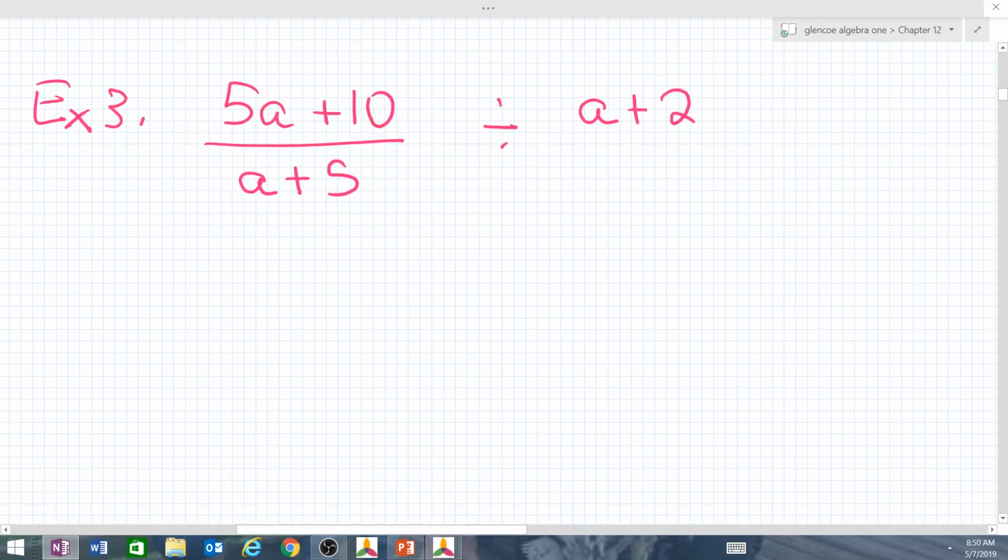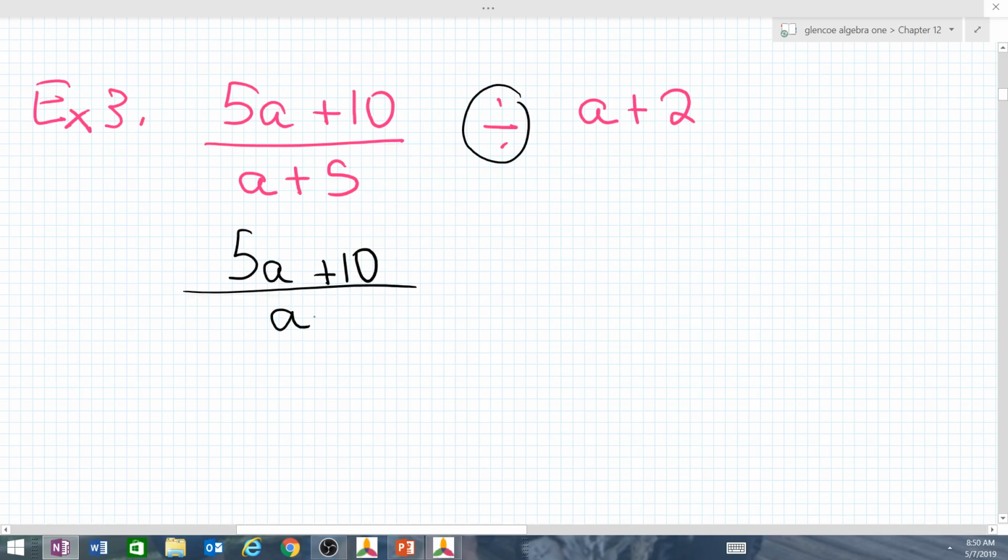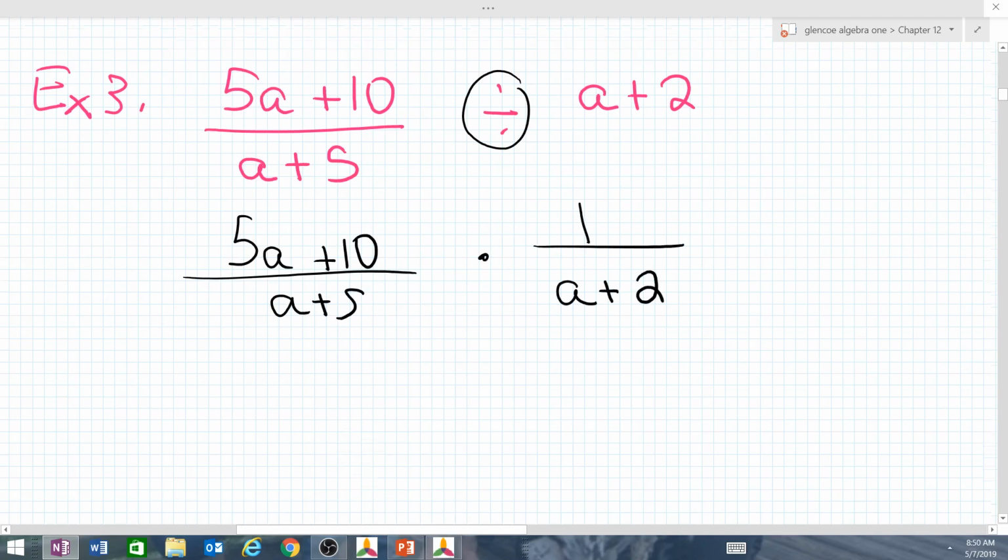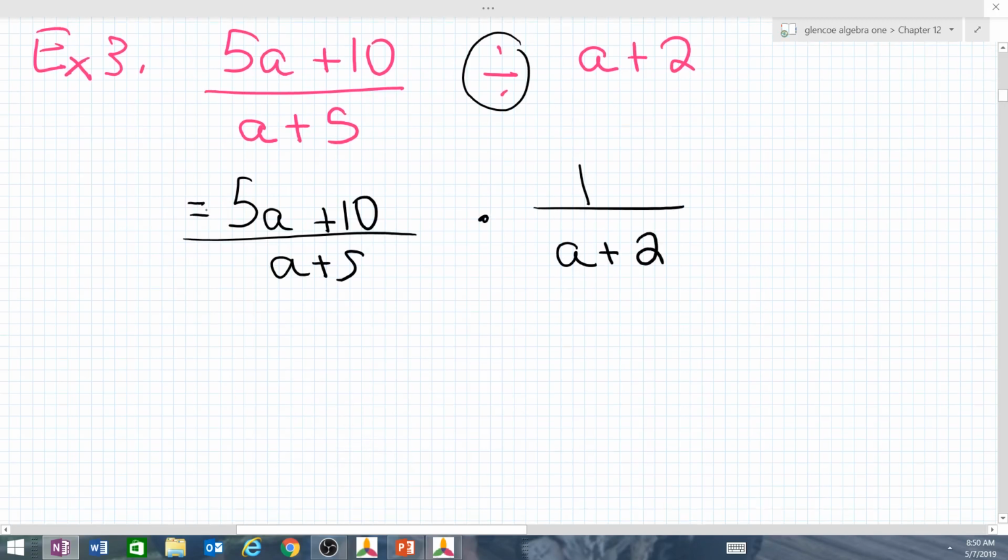5a plus 10 over a plus 5 divided by a plus 2. Okay. Step 1, I'm going to do a rewrite. Second thing is I'm going to factor the numerator here as 5 times the quantity, a plus 2.